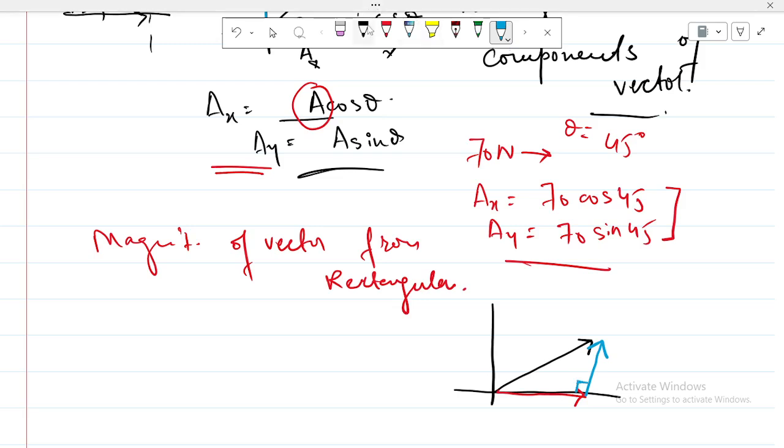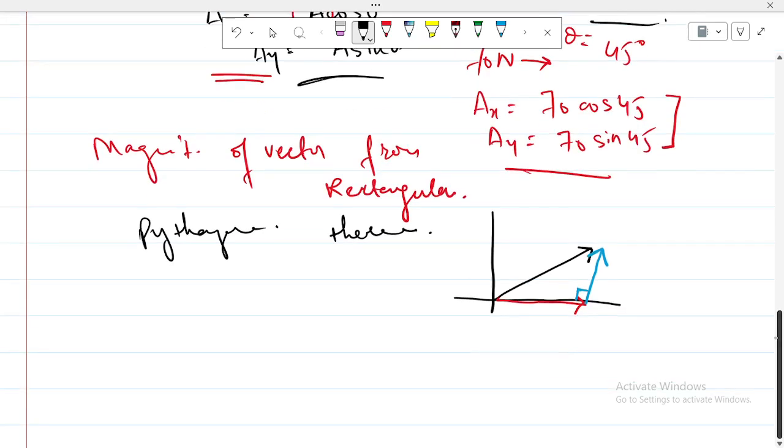So we can easily use the Pythagoras theorem. What we really do in Pythagoras theorem, we already know. To find the resultant, we use c square equals a square plus b square. We can easily name these.